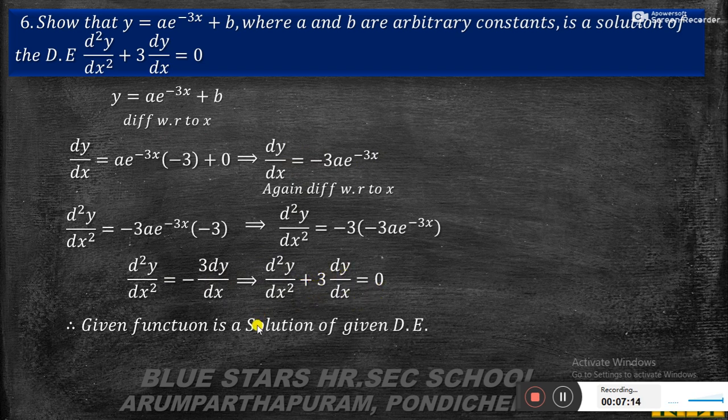So from the given function we find this equation. Therefore we conclude that y equal to a e power minus 3x plus b is a solution of the equation d square y by dx square plus 3 into dy by dx equal to 0. Therefore the given function is a solution of the given differential equation.